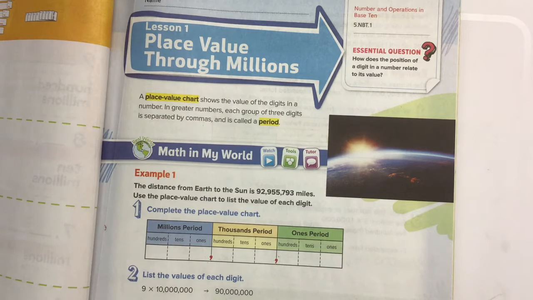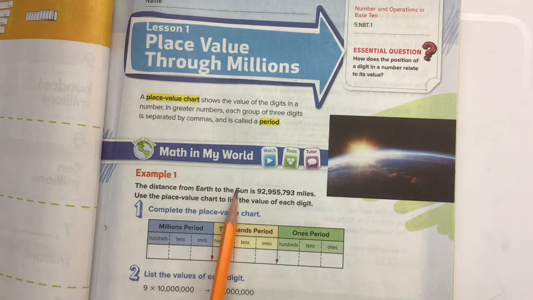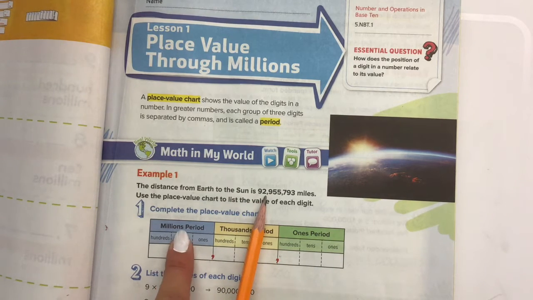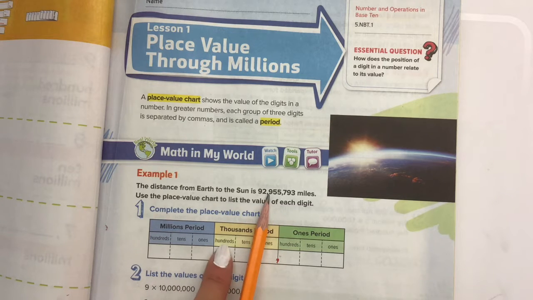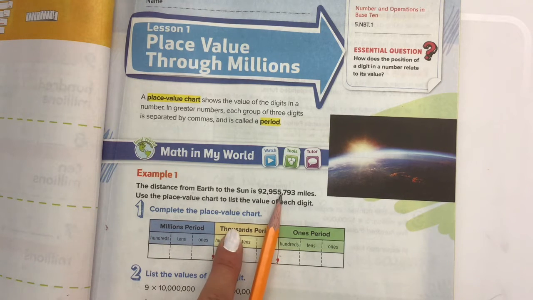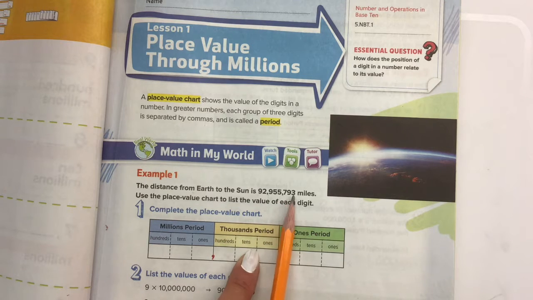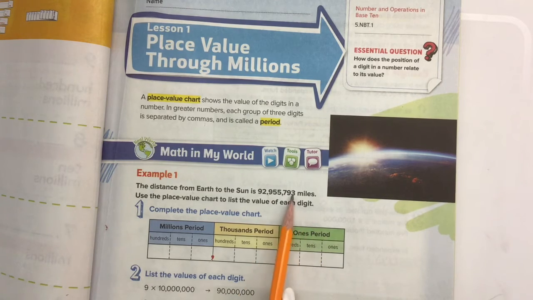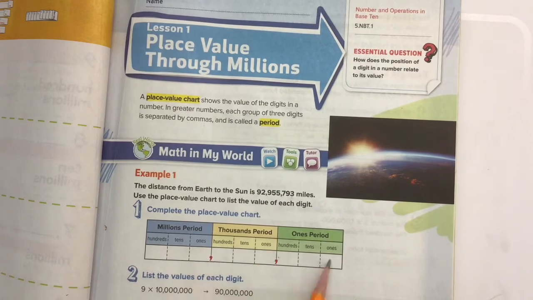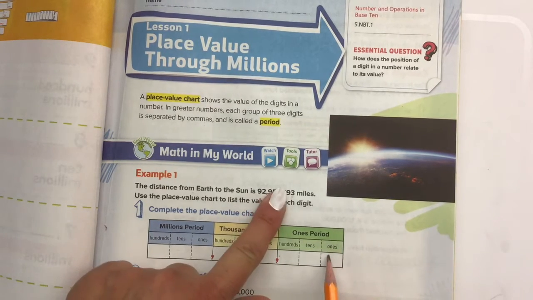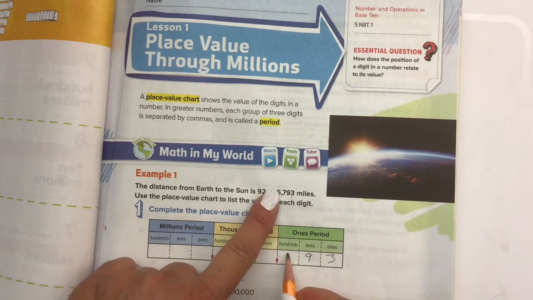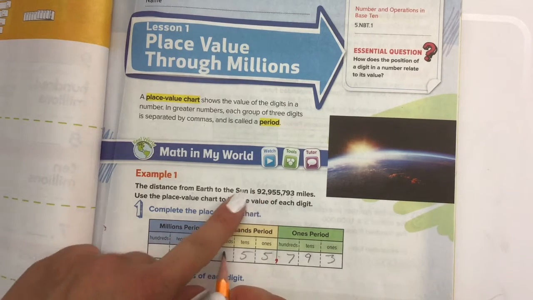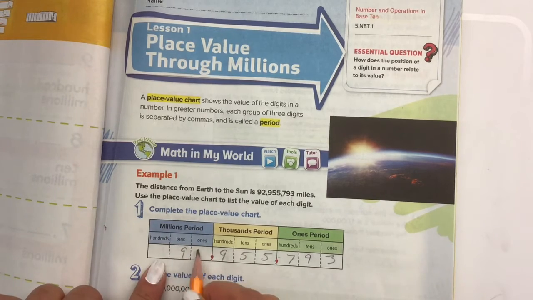All right, let's begin. The distance from the Earth to the Sun is 92,955,793 miles. Use the place value chart to list the value of this digit. Well, the easiest thing to do is to start with the 3 and write it backwards so we fill in all of the spots. 3, 9, 7, 5, 5, 9, 9, 2.